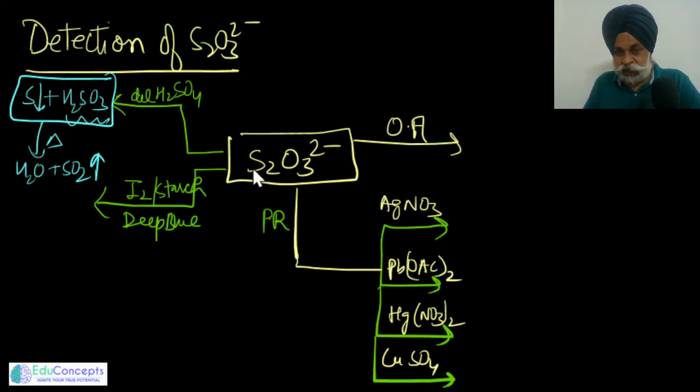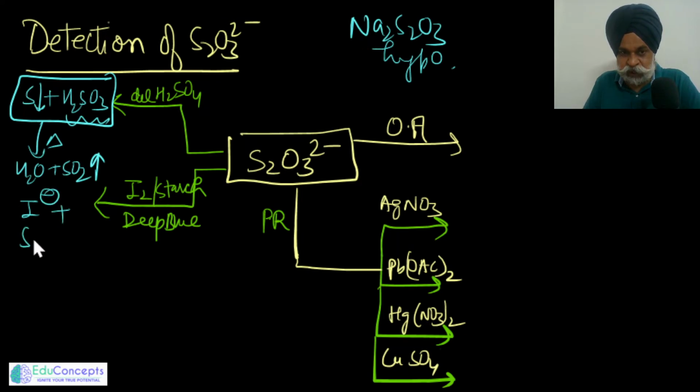Or you treat it with iodine. Take its ionic salt, sodium thiosulfate, which is commonly called hypo. It easily reacts with iodine to produce I negative plus tetrathionate ion.